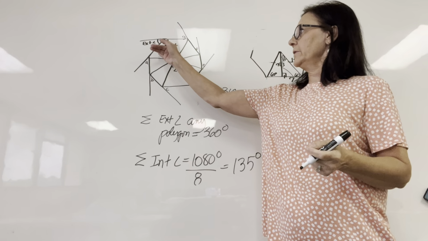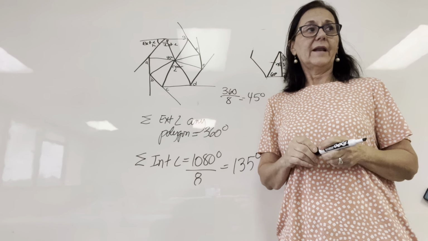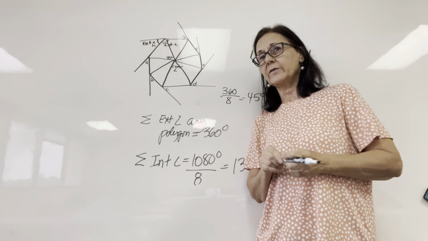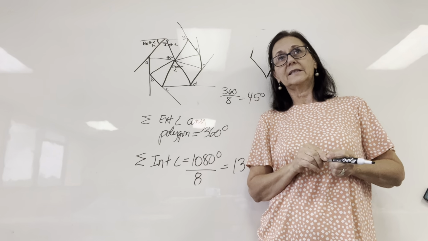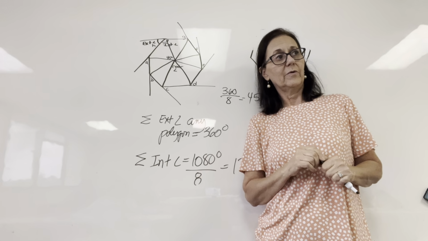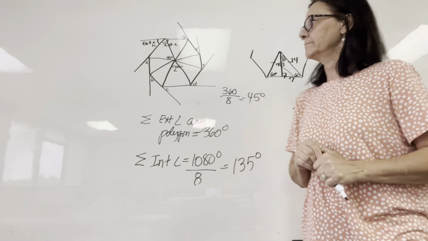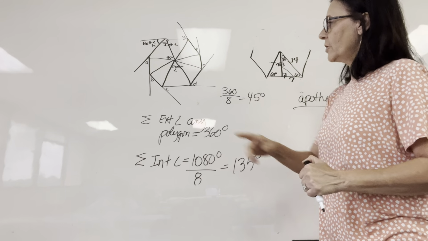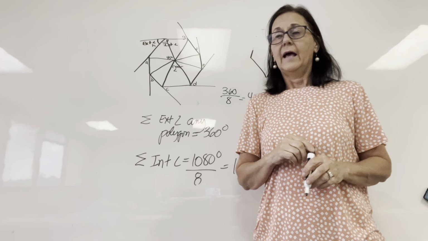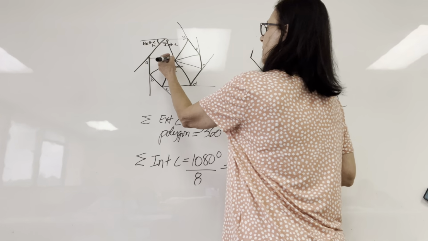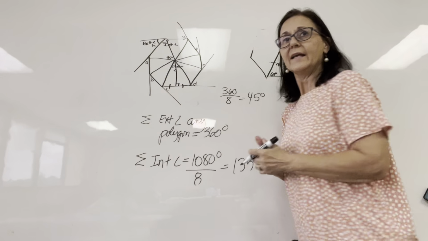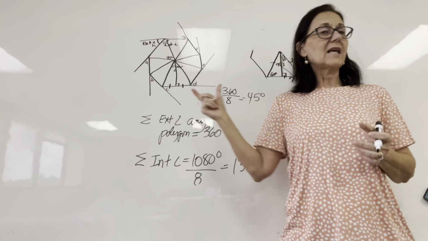And then we would know these other two would have to be divided evenly between 180 minus 45, which is 135. So what is that? 67.5, something like that. So 45 degrees would be the central angle. If I drew an apothem, it would divide that side evenly.